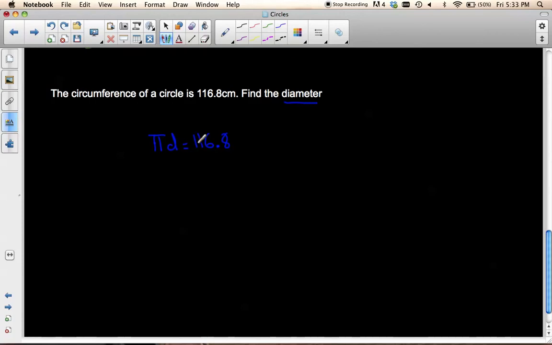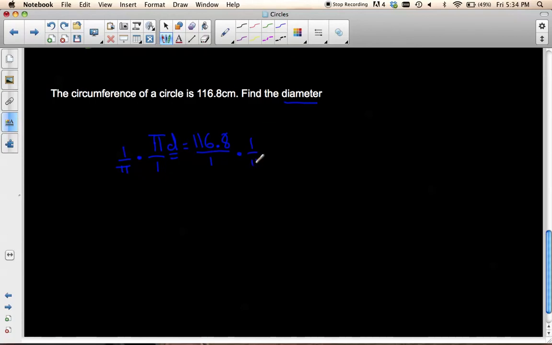we do the same stuff that we did in algebra to solve for D, because we're looking for the diameter. So what we would do is we put pi over 1, do the reciprocal, which is 1 over pi.